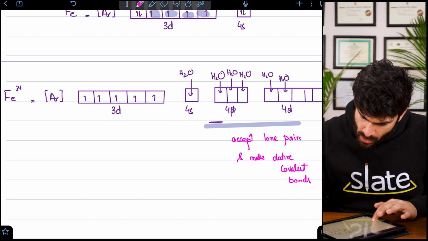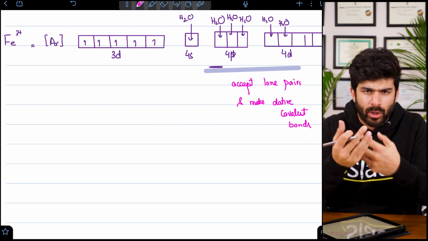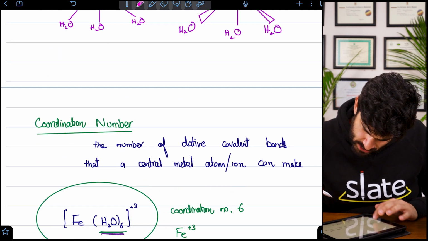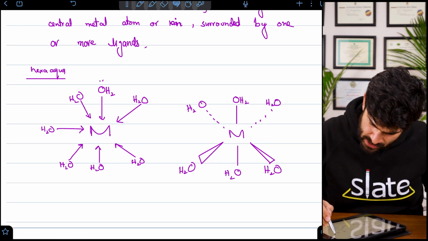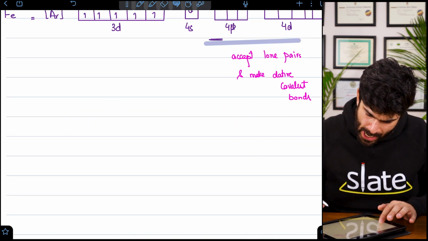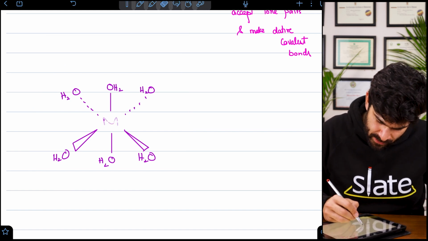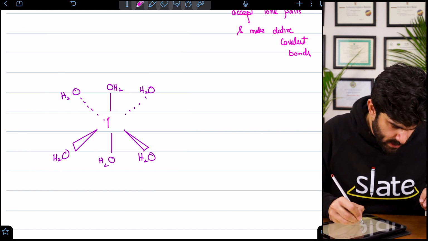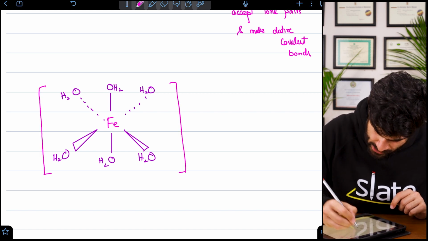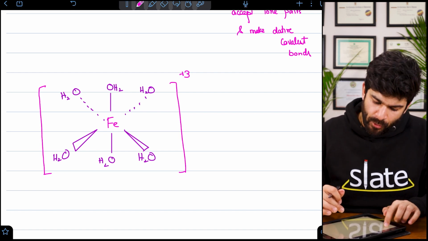Now, as I said, let's talk about iron or any other one making different bonds. In the case of iron, we talked about how iron can make 2 types of complexes. This one is iron and there is a square bracket around it, and that shows plus 3. Now, in this case, it's making 4 ones.